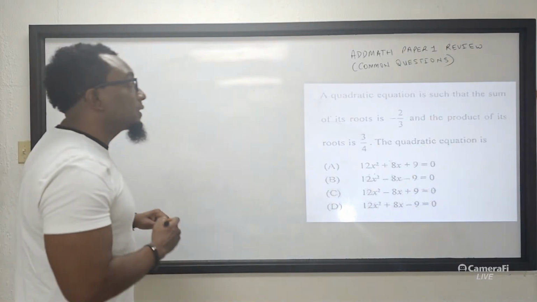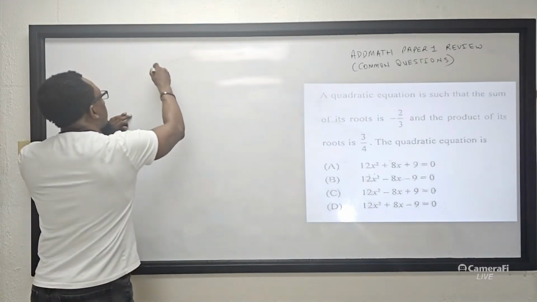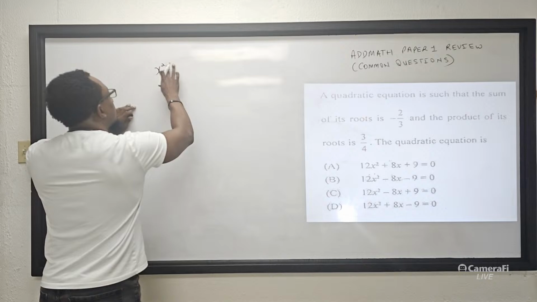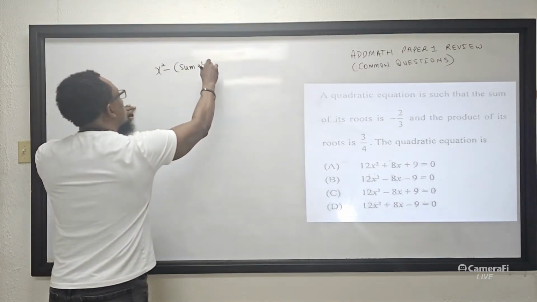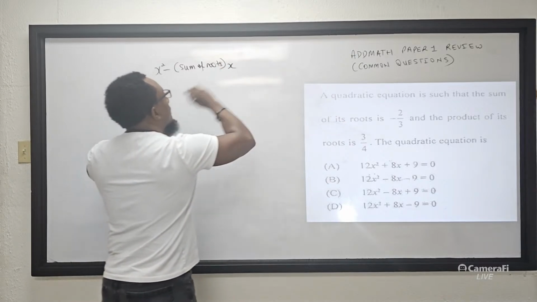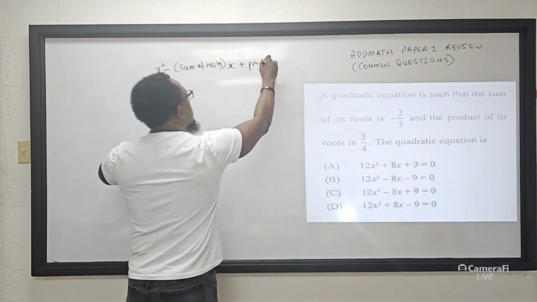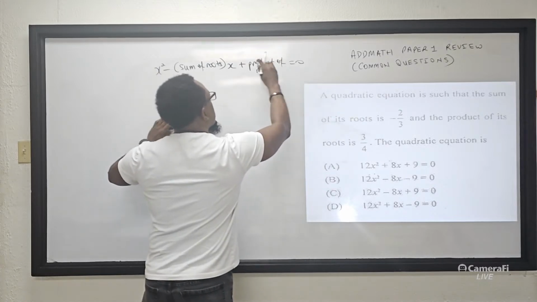So the quadratic equation when it comes to roots involving alpha and beta is this: x squared subtract the sum of roots times x plus the product of roots is equal to 0.